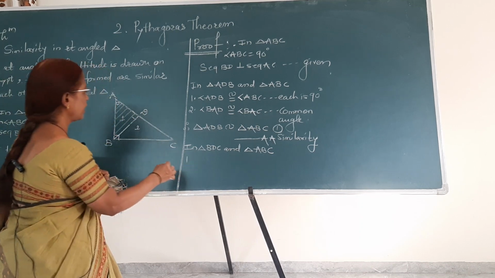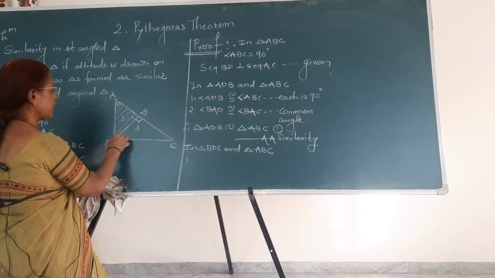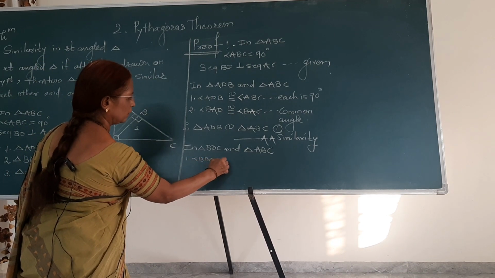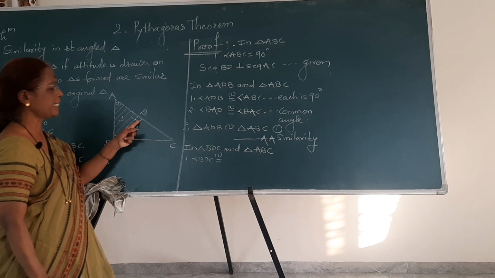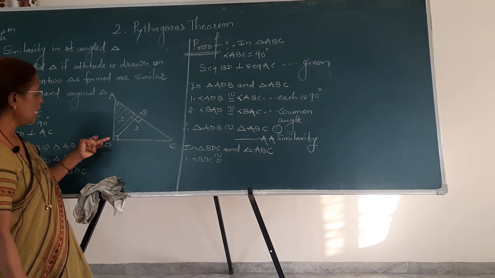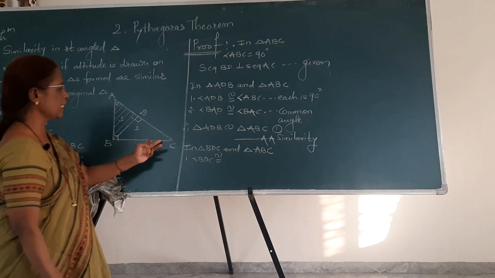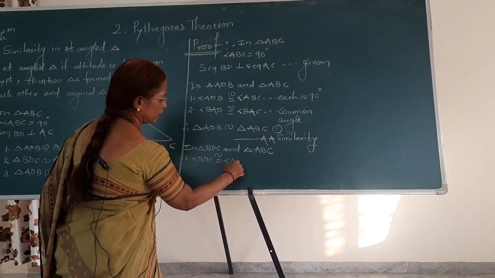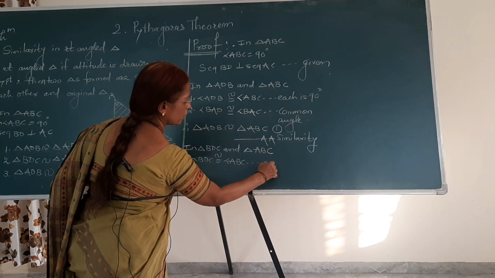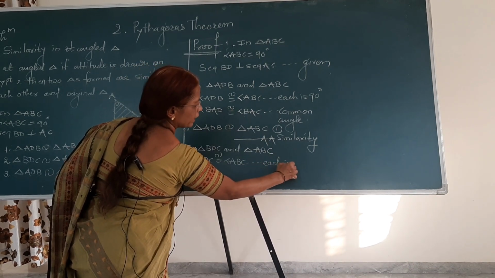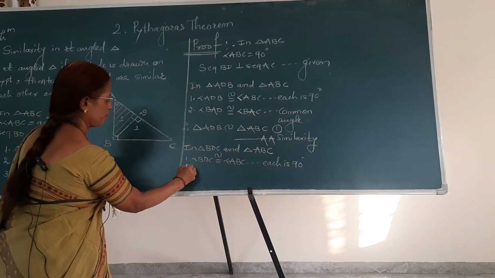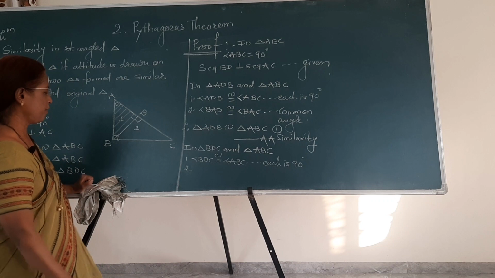So first thing is 90 degree. This angle is 90 degree. BDC is 90 degree, this 90 degree right angle in smaller triangle. Similarly, we have to find for larger triangle. ABC is 90 degree in the larger triangle, and the support is each is 90, how we showed above. Like that way.